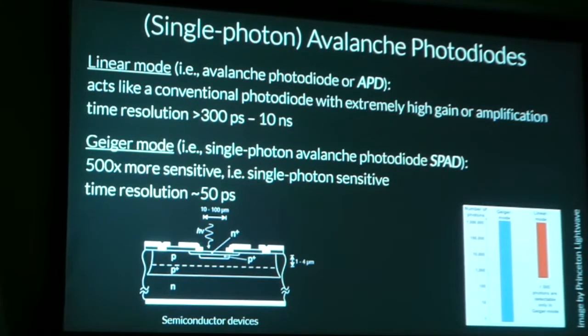So in this case, the timing resolution becomes much better, typically a few tens of picoseconds, and because you have this sensitivity, you can actually detect down to the single charge carrier, or actually single photons that are coming onto the sensor. And so this has advantages, especially if you're trying to do ultra long range sensing or you really need good timing accuracy. So again, this is what I'll be talking about in this talk.